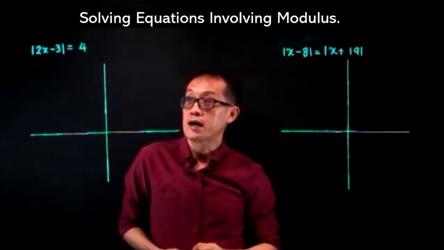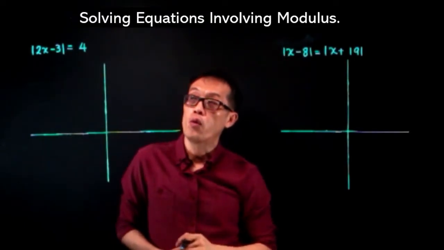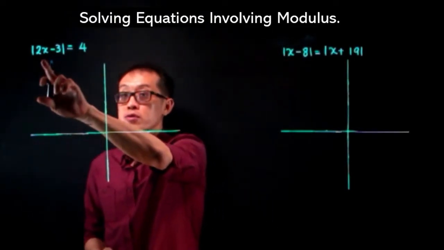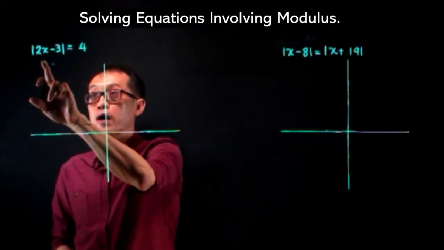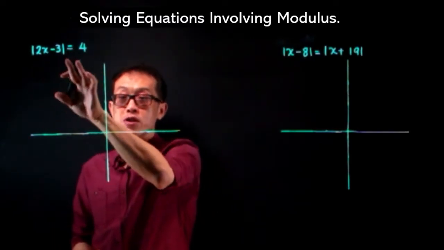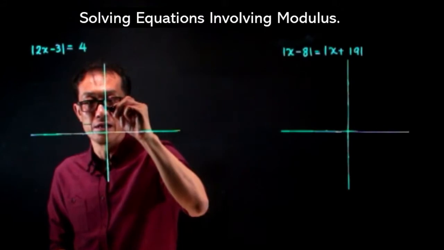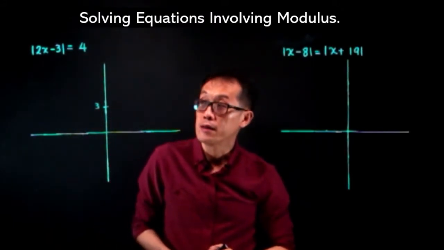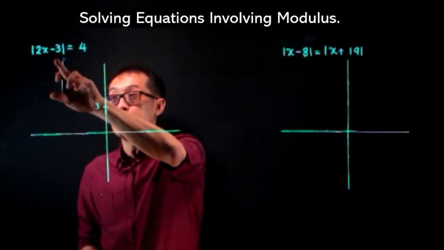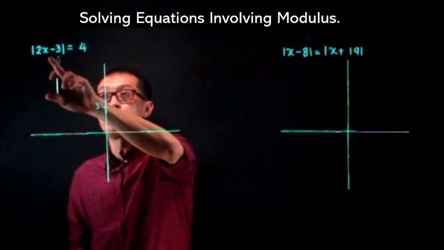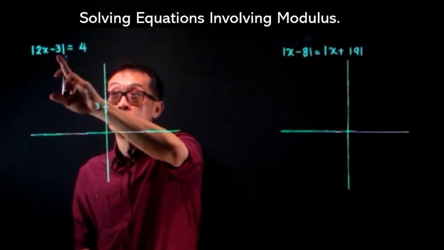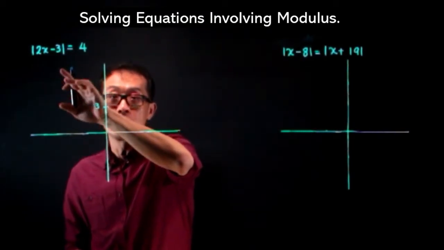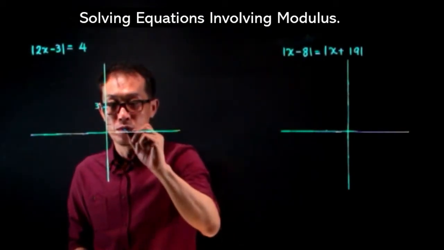Where does it cut the y-axis? You put x is equal to 0, then you get mod of minus 3, which is 3. So let's say it's somewhere here, 3. Now, what is the minimum point? You equate this to 0, you get x is equal to 3 over 2.